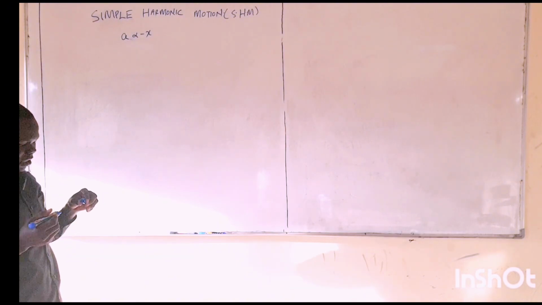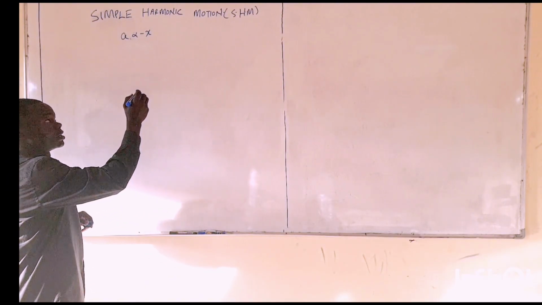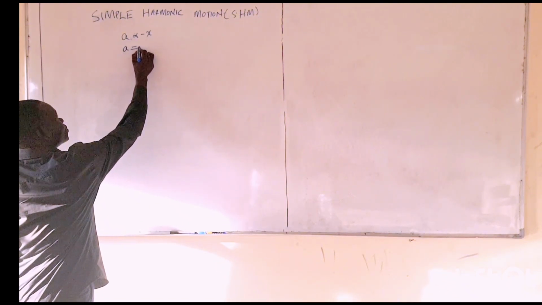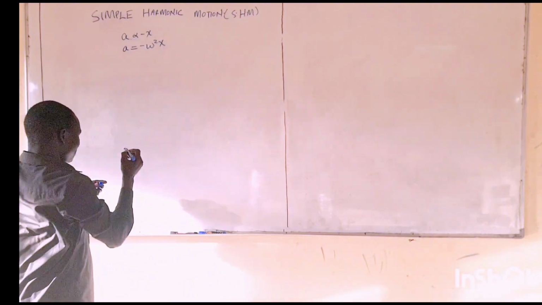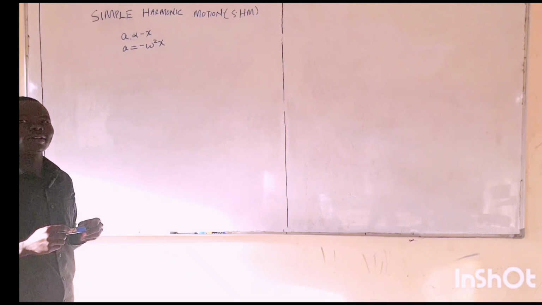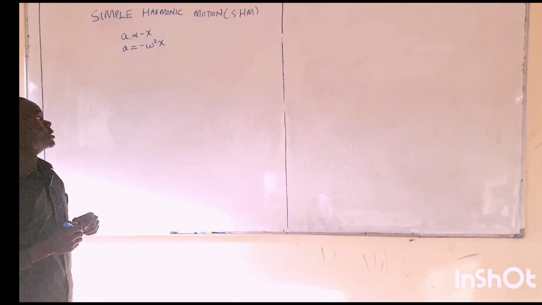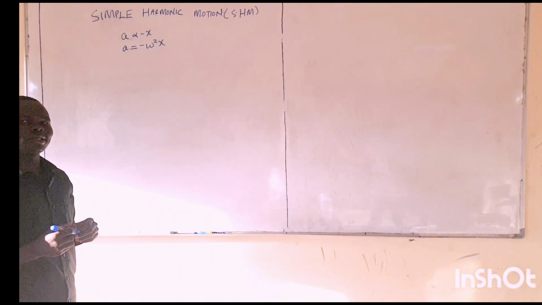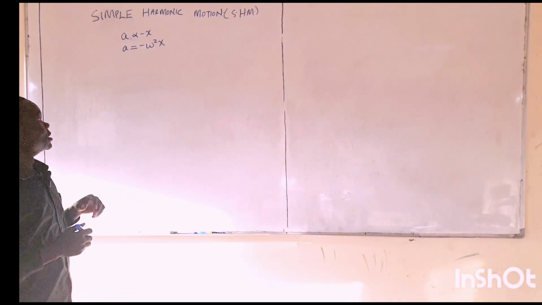Now, introducing the constant of proportionality, we shall have acceleration a is equal to negative mu squared x. The significance of this negative is showing that both acceleration and the displacement are in opposite directions. When acceleration is in the other direction, displacement will be in this direction.